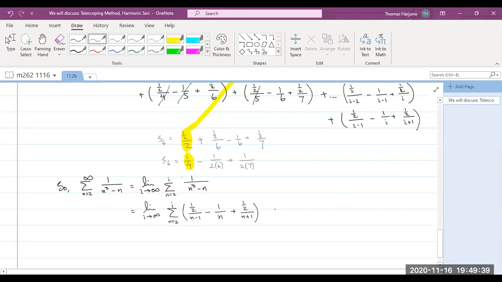That is my sum up to I, and according to our computation above, we see that this gives us 1/4 minus 1 over 2I minus 1 over 2I plus 1.